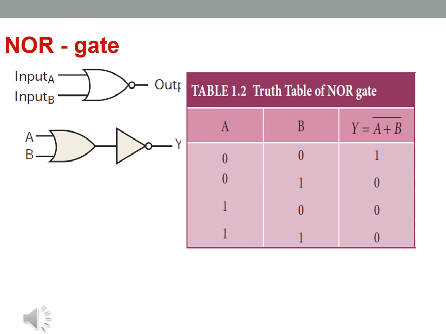Exclusive OR and exclusive NOR gates are formed by a combination of the earlier gates that we discussed so far.